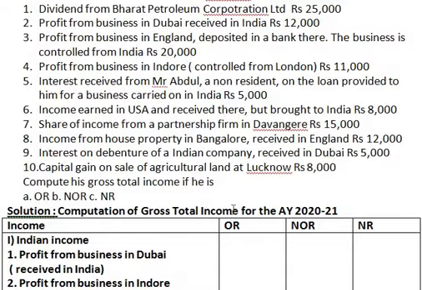So any income that is received in India is Indian income and taxable in all the three columns. So Indian income, that is profit from business in Dubai which is received in India of rupees 12,000, is taken in all the three columns.